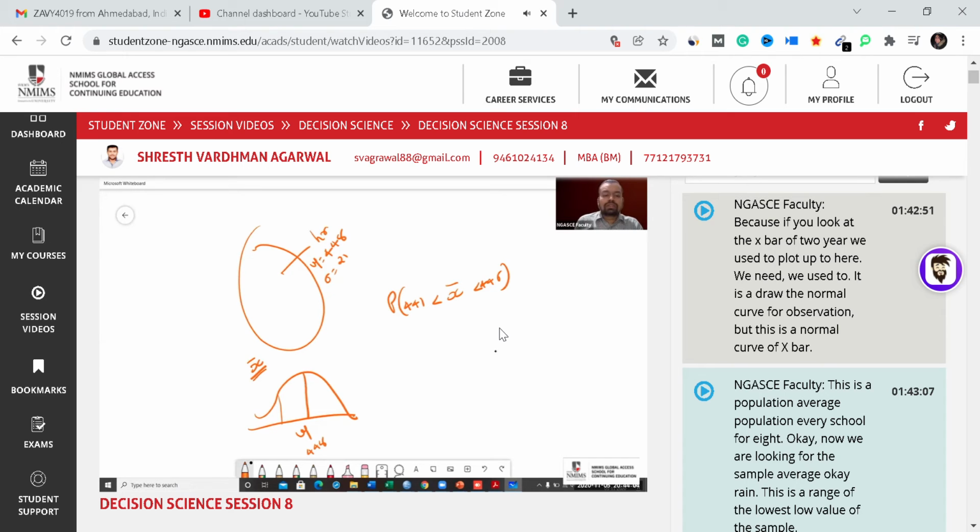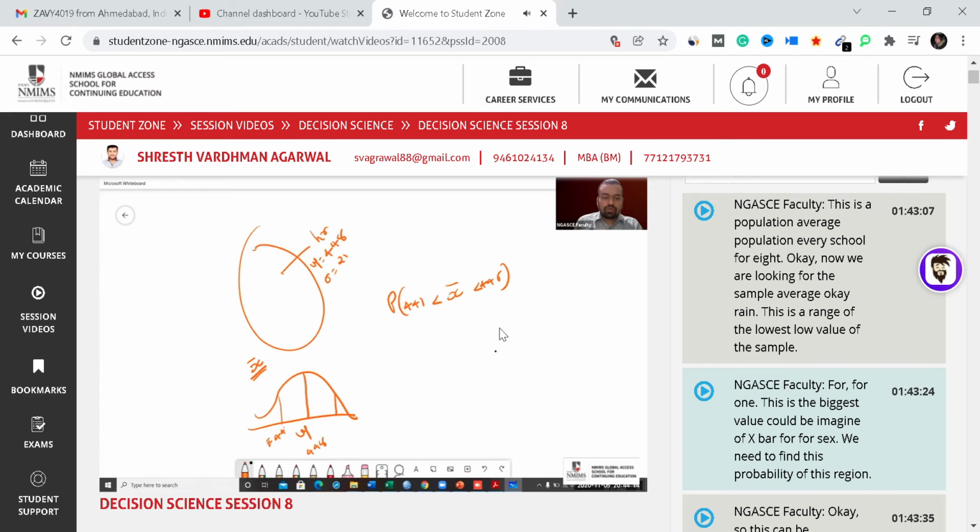Now we are looking for the sample average. This is the range: the lowest value of the sample, 441, and the biggest value imaginable for X bar, 446. We need to find the probability of this region.